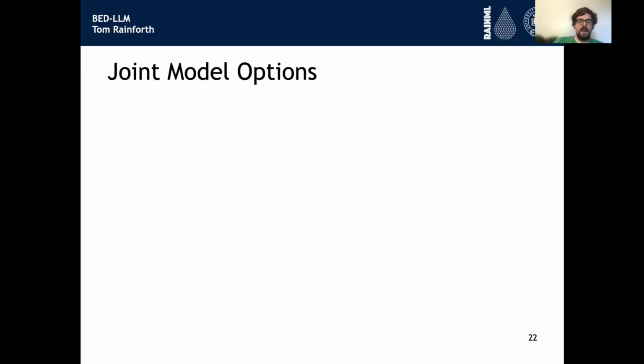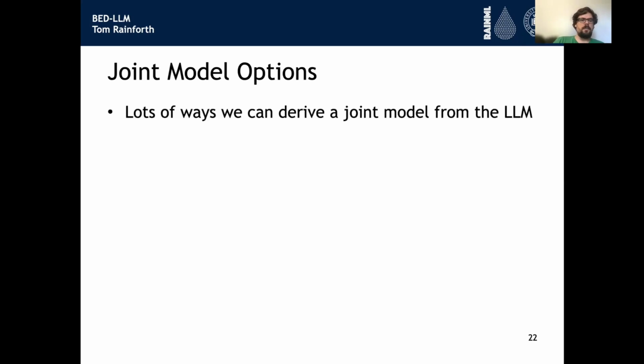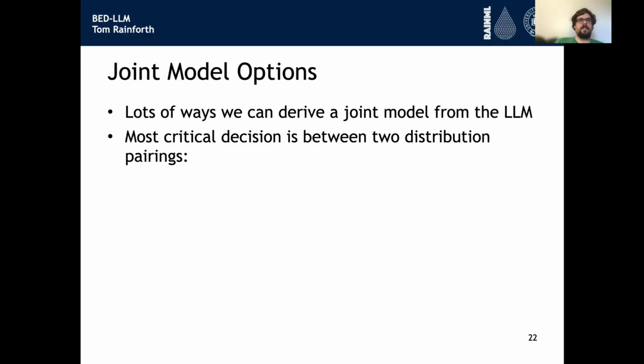And the thing to realize is that there's a really important high level design decision that you're going to have to make here. Because there are multiple different ways that you might derive a joint model from the large language model. It gives us a way of basically generating lots of distributions. And in particular, there are two ways we could set it up.